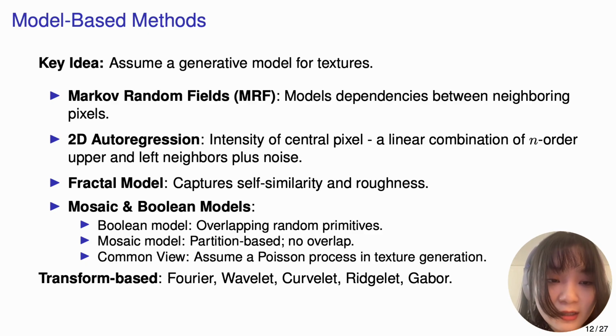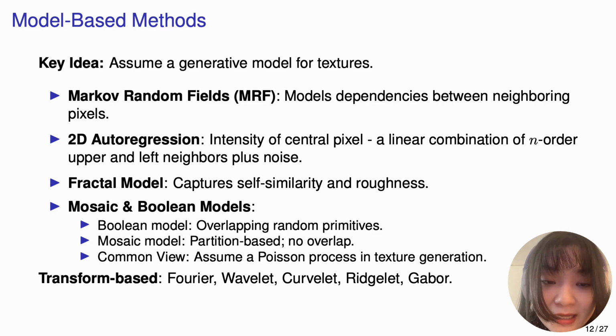Fractal analysis, based on the fractal model, has two key parameters. One captures the self-similarity and the other captures the roughness of the texture. The mosaic and Boolean models share one thing in that they assume a Poisson process in texture generation, and the generation is related to small primitives like lines, triangles, circles, polygons.